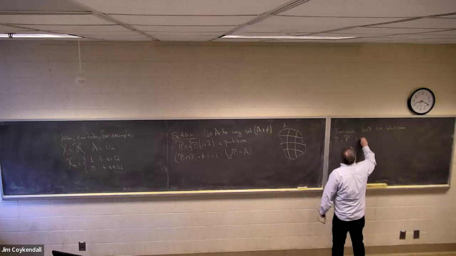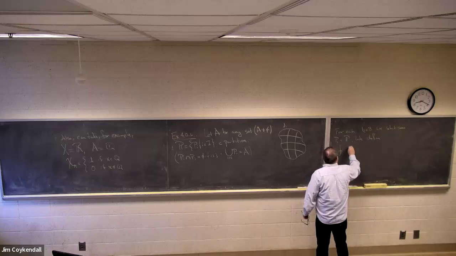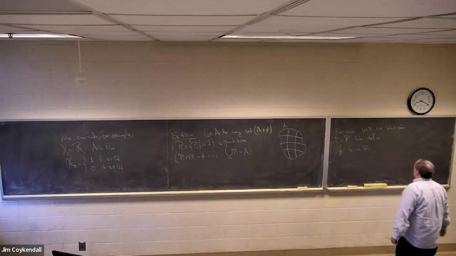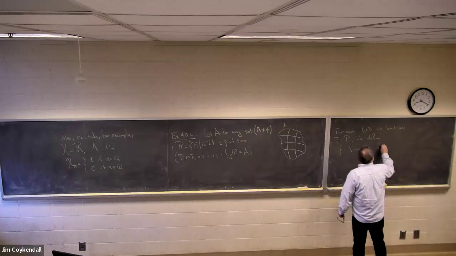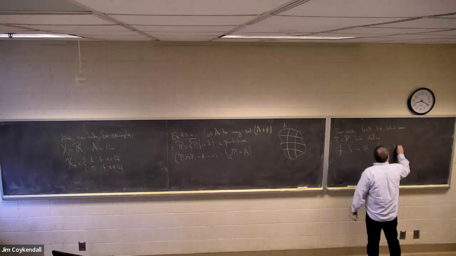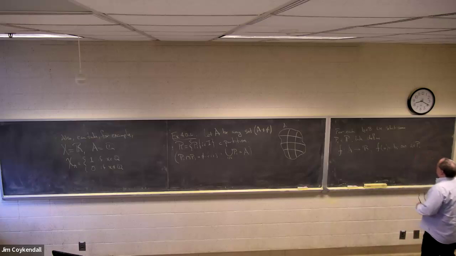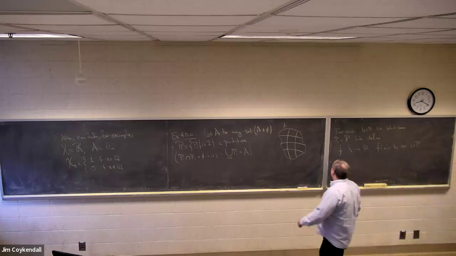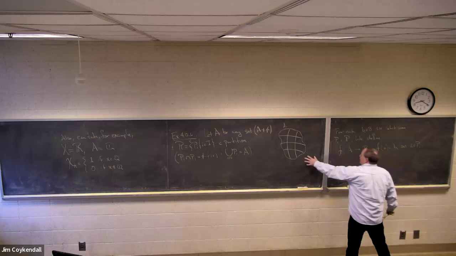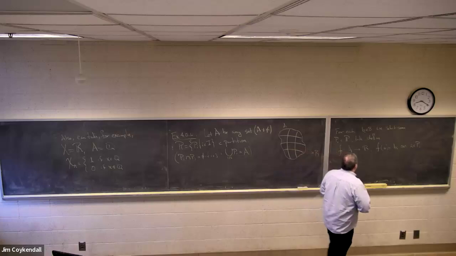We now define f from A to B given by f(a) = b_i if and only if a is in P_i. So we're going to define a function from my original set A into this new set B.